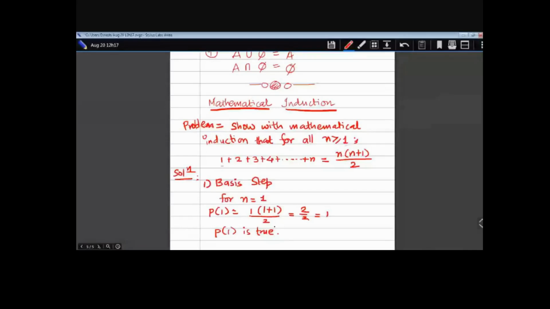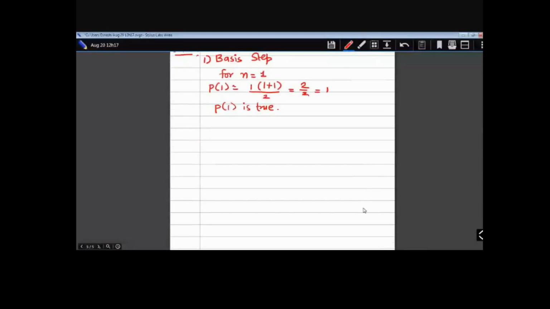Now, let us do the inductive step. Here I will write the second step, which is called the induction step or inductive step.